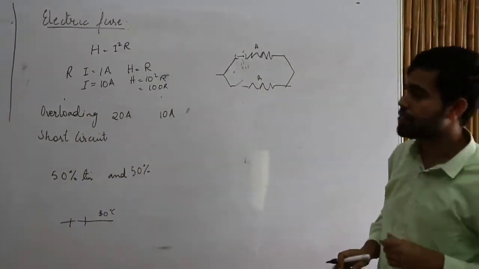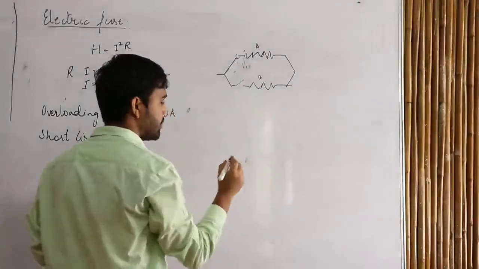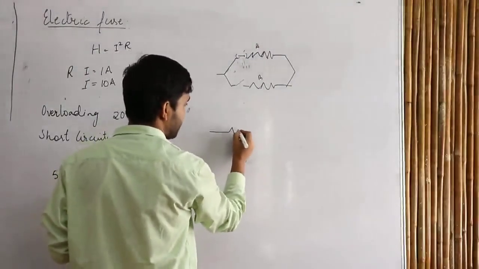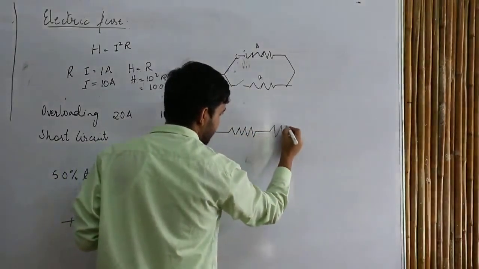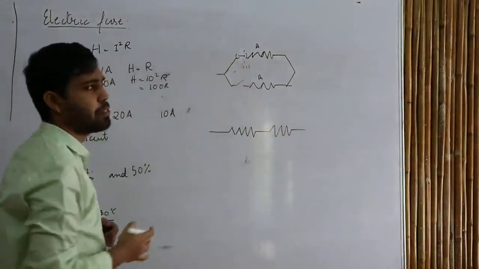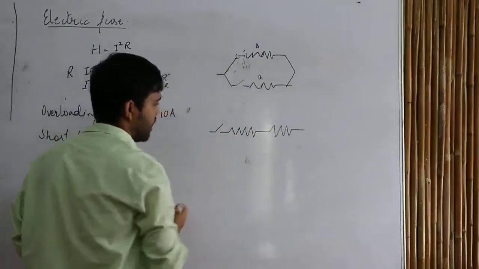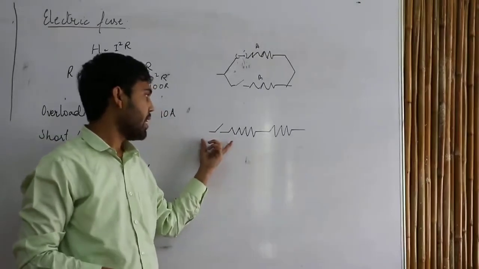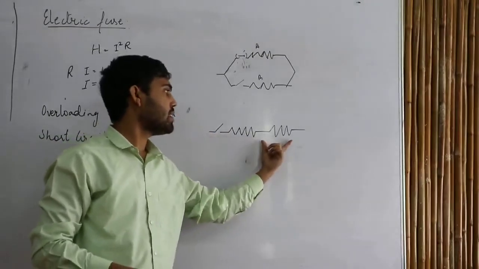But in the case of a series combination, this will not happen. Why? Because in a series combination, I cannot have two different switches. If I have a switch here and I put it in the switch off state, both the resistors will not work.